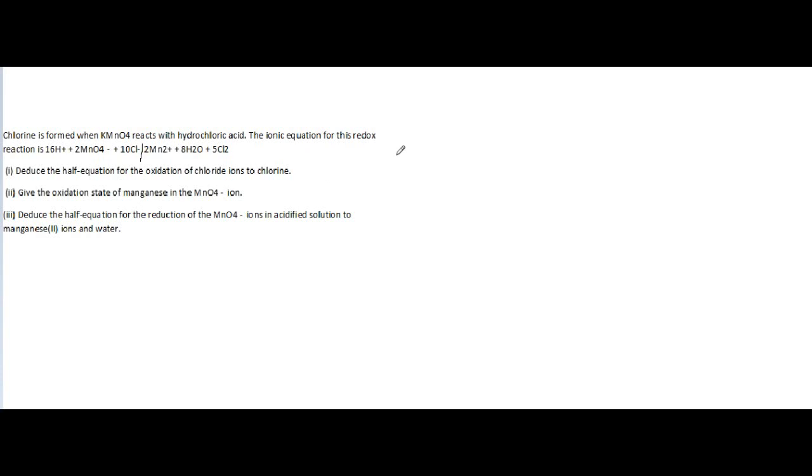Now this is quite simple. We're going to have chloride ions, which are Cl minus. We can draw the arrow and say that these are going to become chlorine molecules. But how will they become chlorine molecules? The chloride ions have a negative one oxidation state, but the chlorine atoms in the molecule will have a zero.